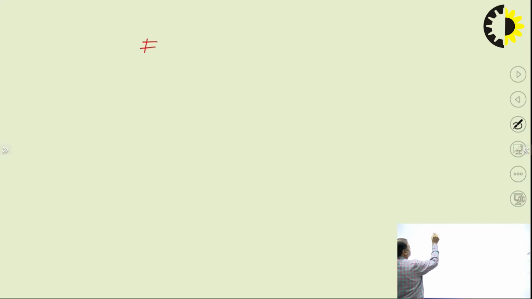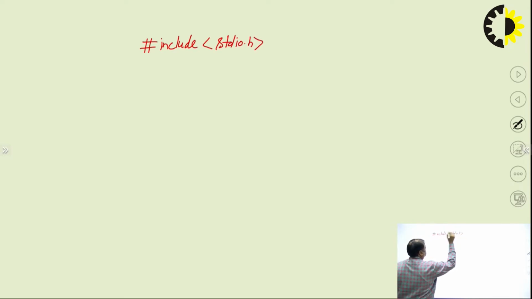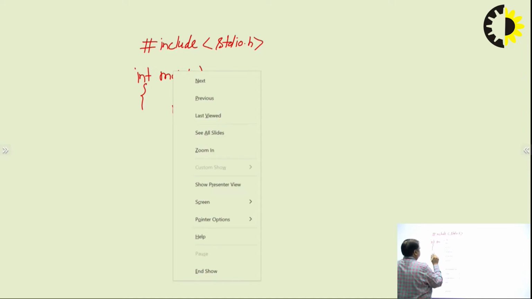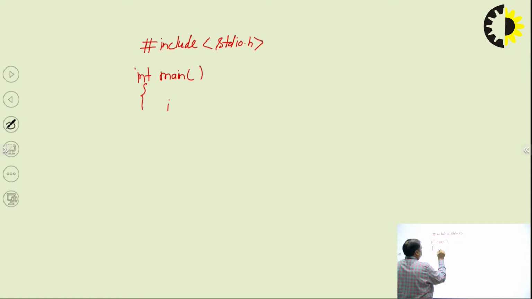We have one hash include statement, that is we include stdio.h. Main is the mandatory function for C programming because the execution starts from main. Let's have one int age parameter. We will read this from the user.